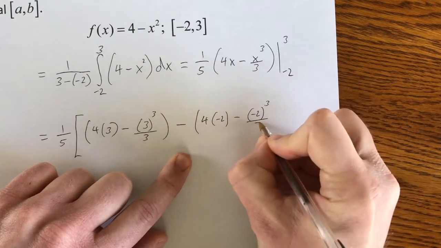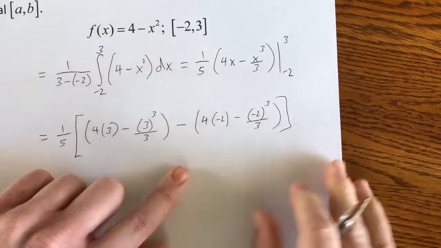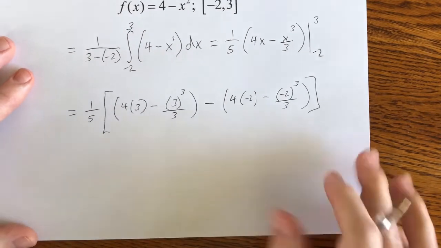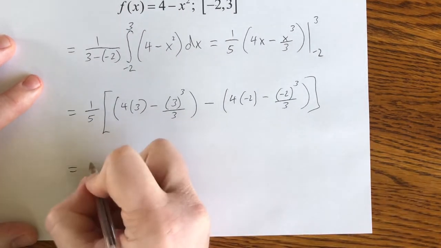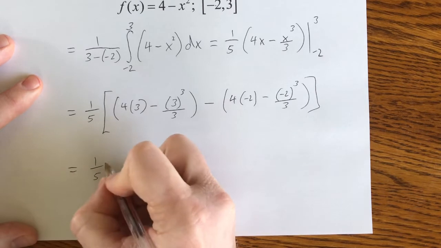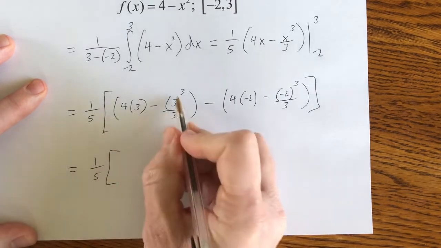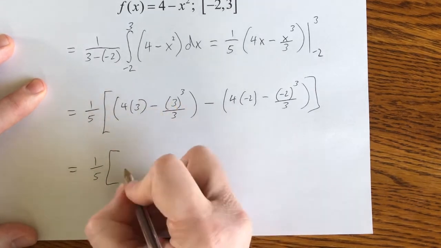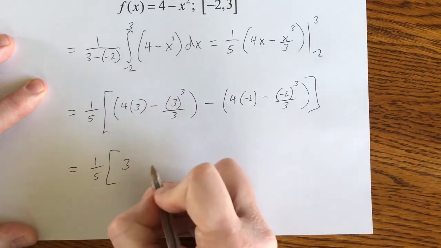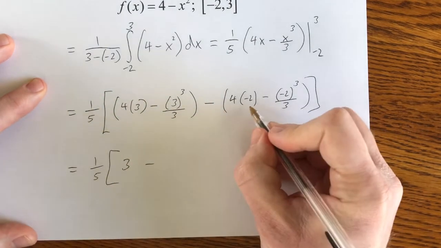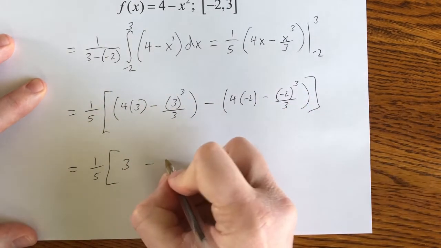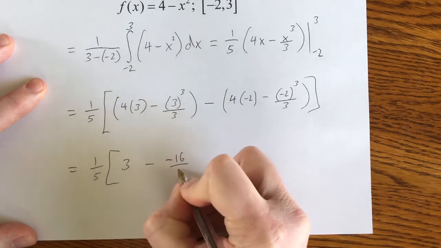So go ahead and get your calculators out if they're not out already, and let's go ahead and compute this. So we get 1/5 times what? That's going to give us a 3 minus, I'm computing, that's going to give us a -16 over 3.